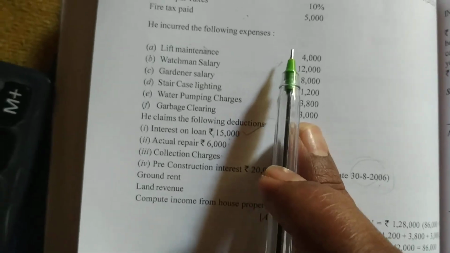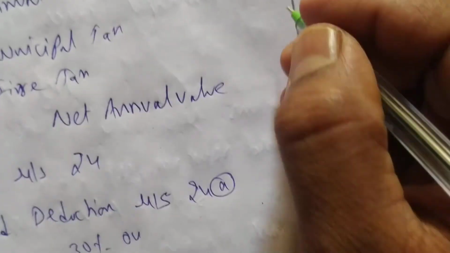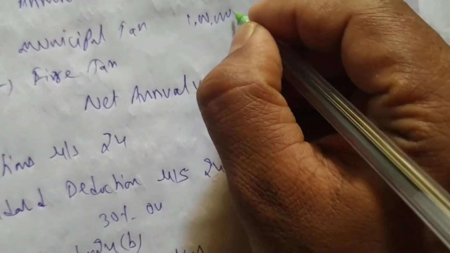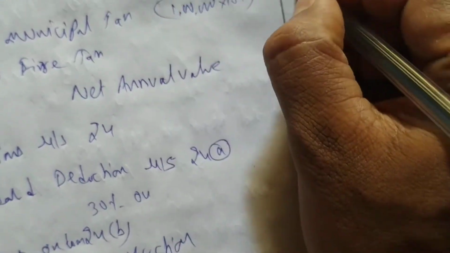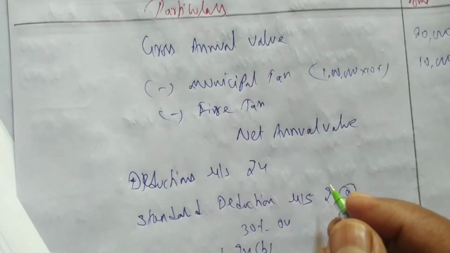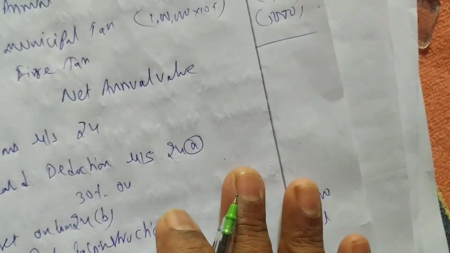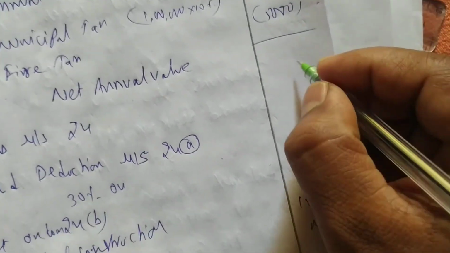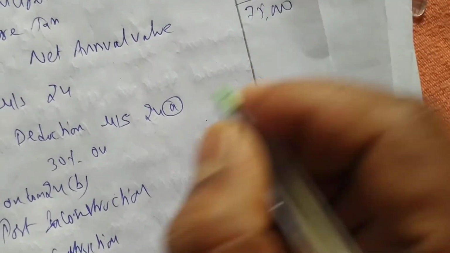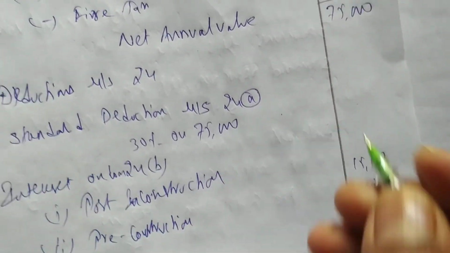Then deduct municipal taxes, which is 10% on MRV. MRV is 1 lakh, 10% is 10,000. Fire tax is also there, 5,000. When you deduct, you get 75,000 as net annual value.